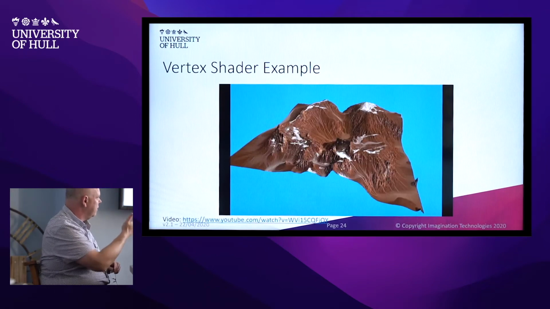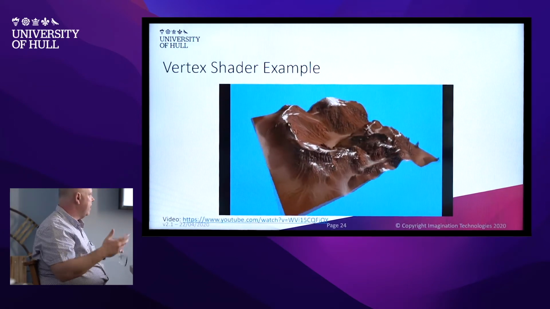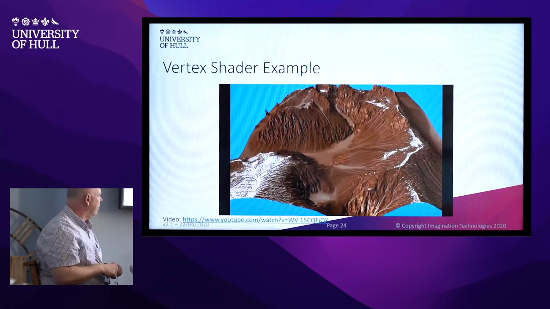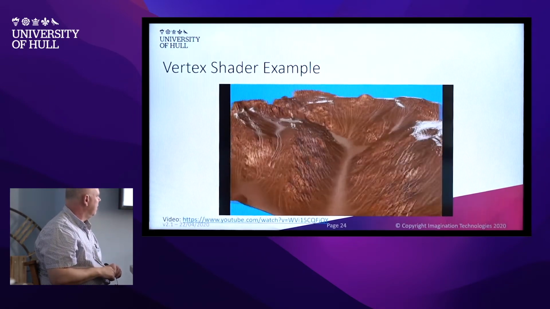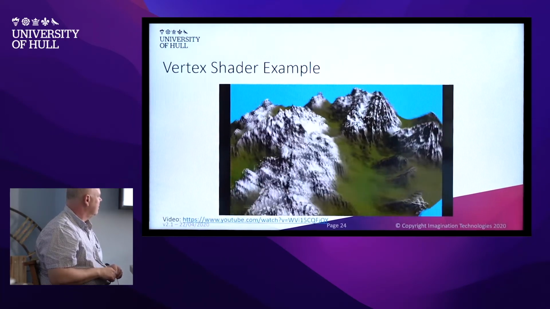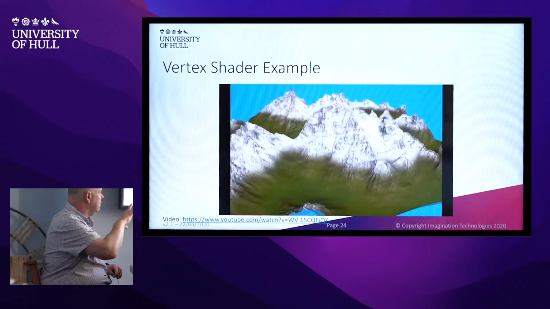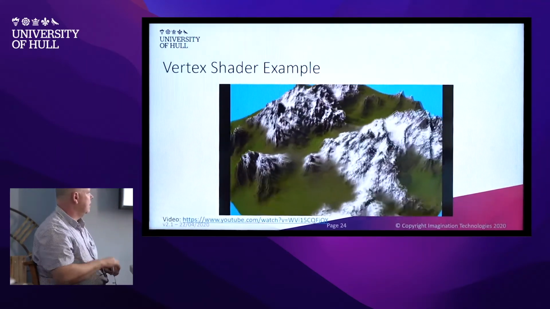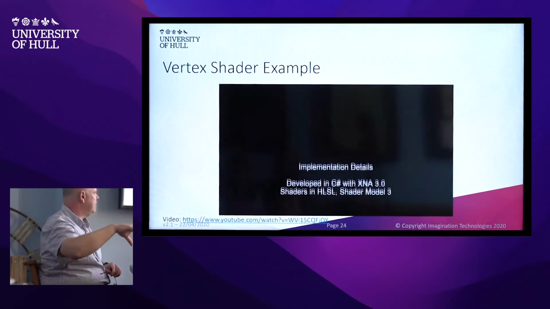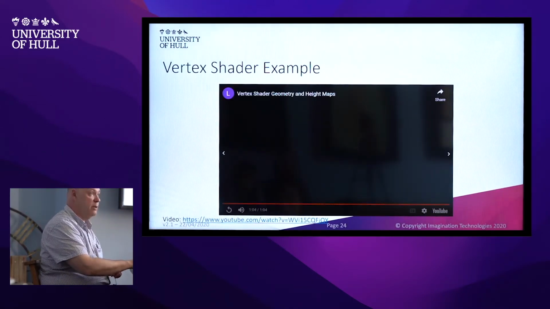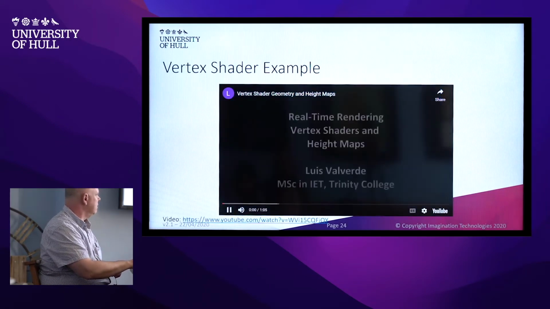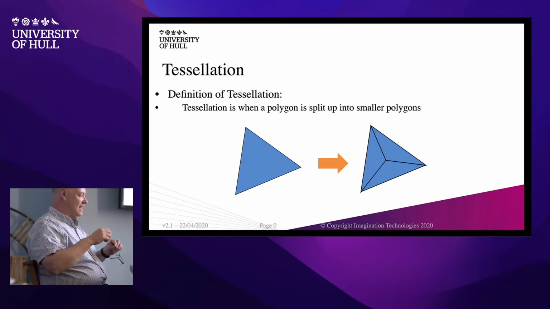Or you can even use a height map, a grayscale image, to displace, to move up or down that particular vertex. Okay. So these are all done directly in the vertex shader. It's just a flat piece that's been submitted to the GPU, but we've written code as a vertex shader to actually move them around.